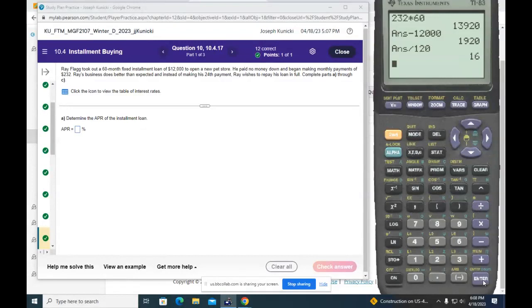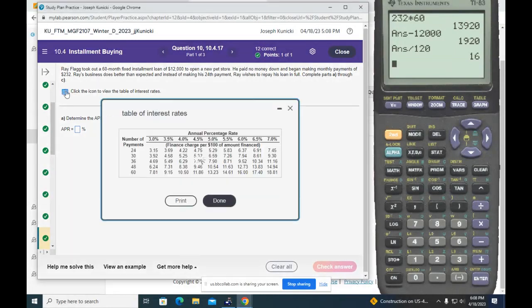In 12,000, there's 120 hundredths. So my V1 is 16. And I need to go to the row with 60, because my V1 is for 60, and it's 6%. You see that? Where did, I think you lost me after 60.